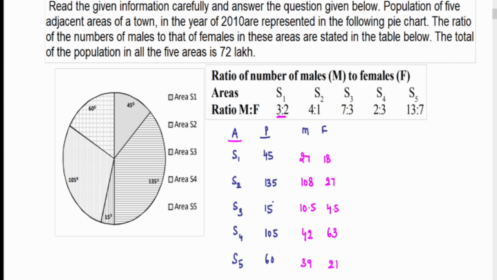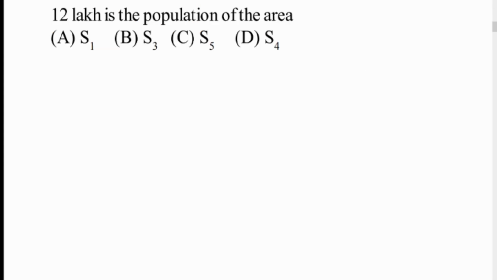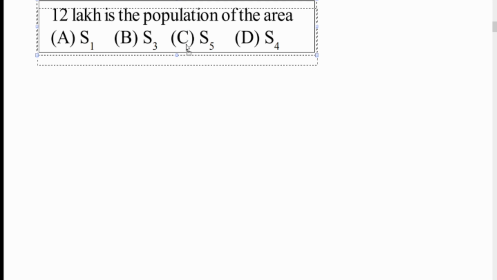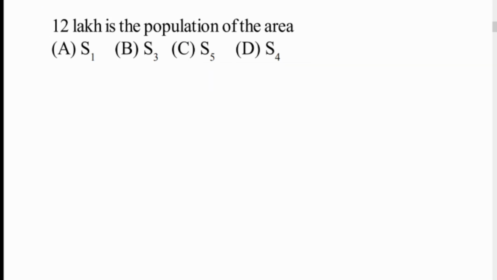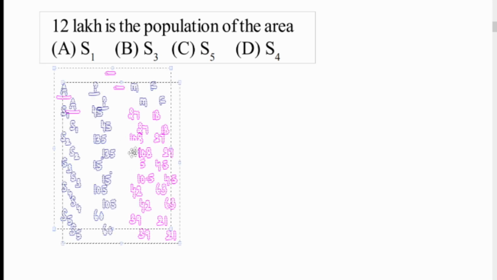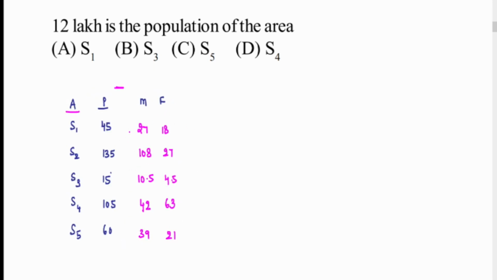All you need to remember is the population of the 5 areas is 72 lakh. Now look at the question. It says 12 lakh is the population of the area. We know 12 lakh is the population of one of the areas S1, S2, S3, S4, S5. Instead of looking at each area, convert this 12 lakh into degrees.